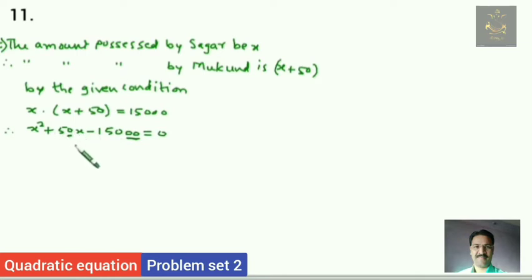What can we find here now? Yes, the factors are 15 and 10. 15 tens are 150. The difference is 5.